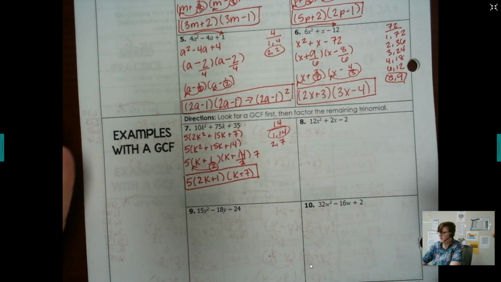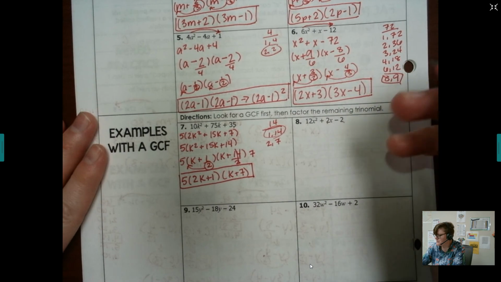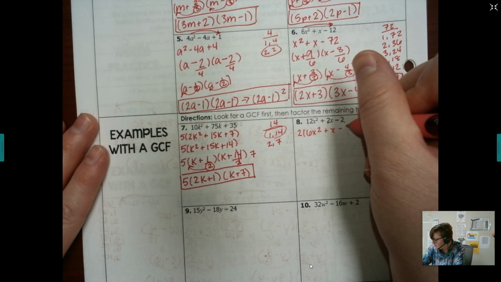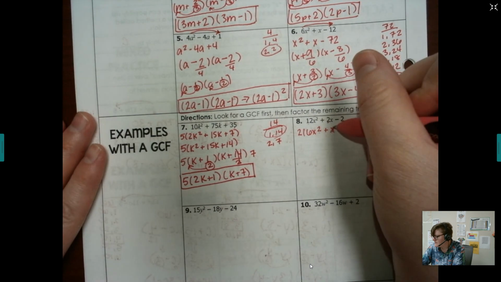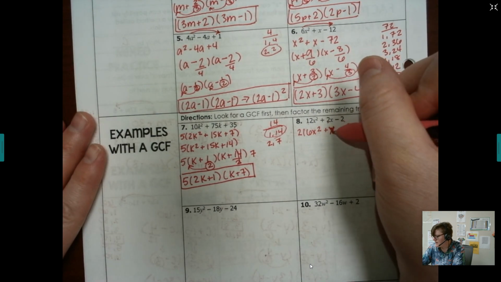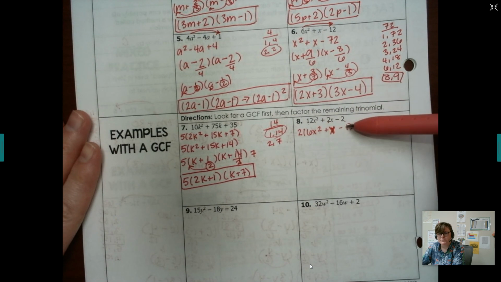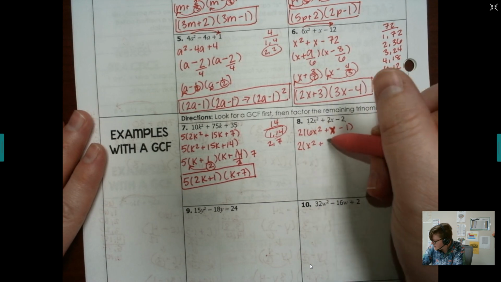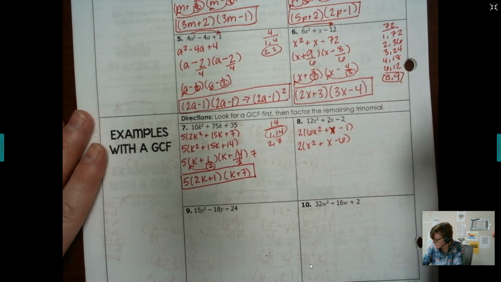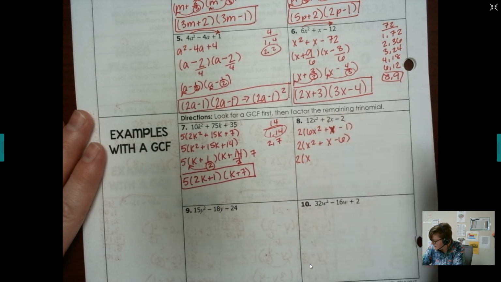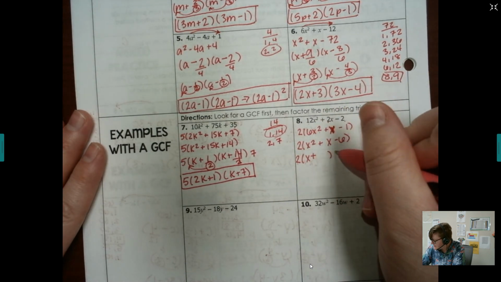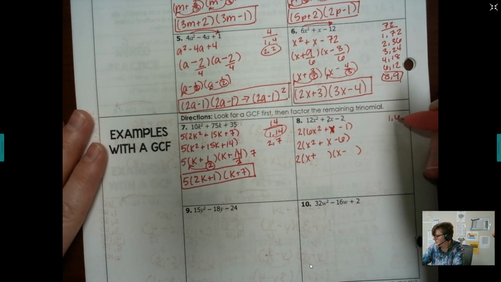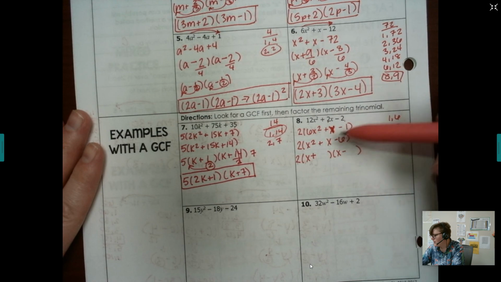Then number 8. These ones are all divisible by 2, so we can pull that out. Then we've got still an a term out front that we're going to want to multiply over by this 1. Minus at the end means we've got 1 plus and 1 minus. 6, 1 and 6 or 2 and 3. They need to be 1 apart.